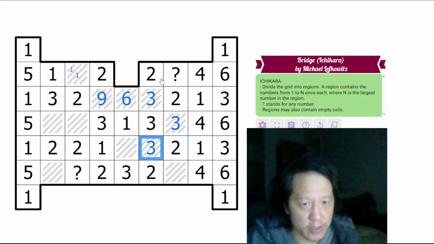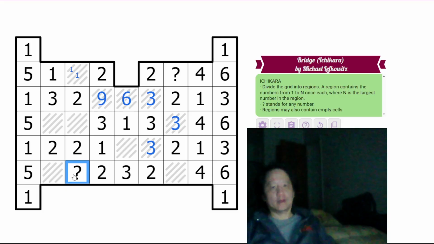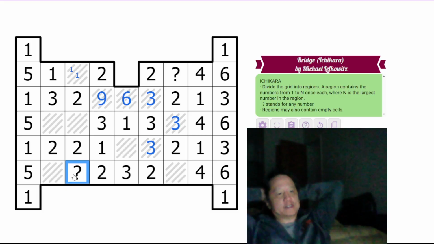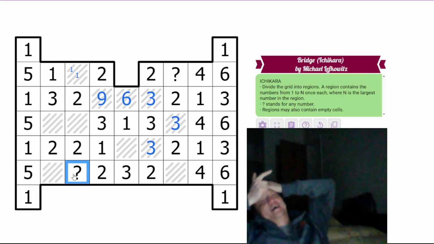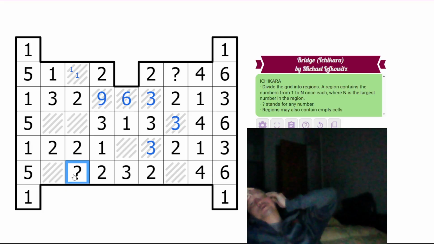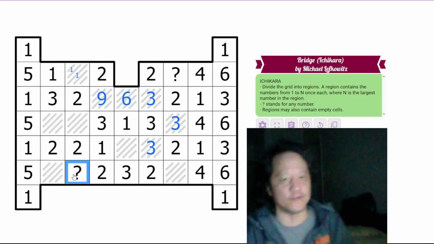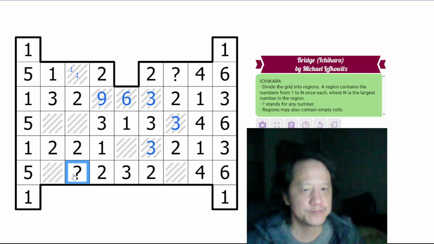Could be, okay, so how many question marks? We have, I think, 2. So the question marks could be 7 and 8. They cannot be 6 or 5 because we have only 3. Well, okay, that's not complete. It can't be 6. It could be 5 and 4. That is possible.